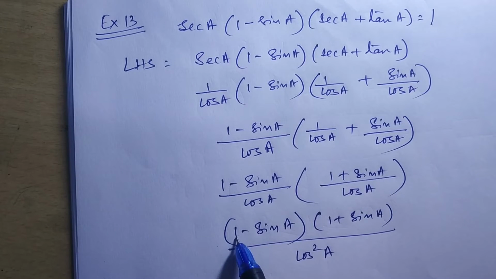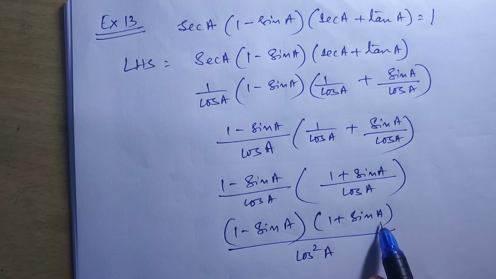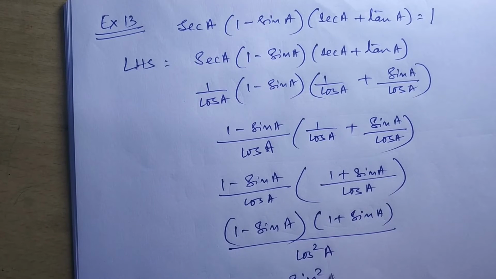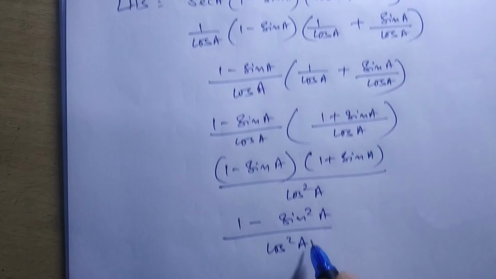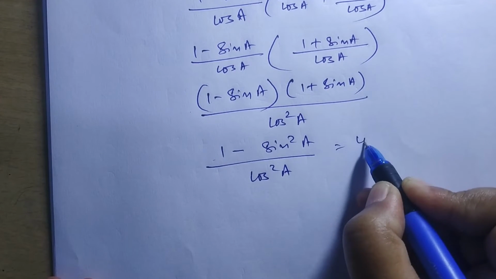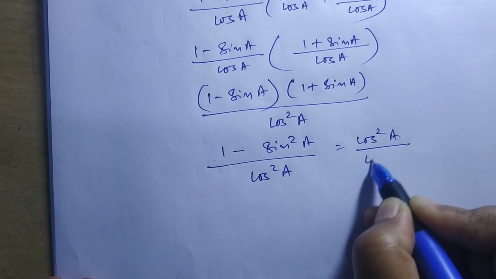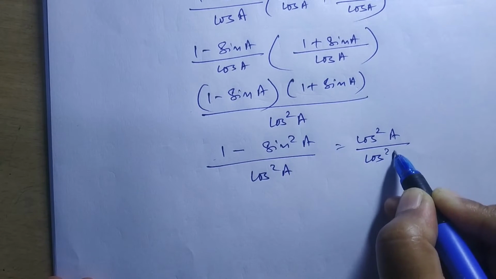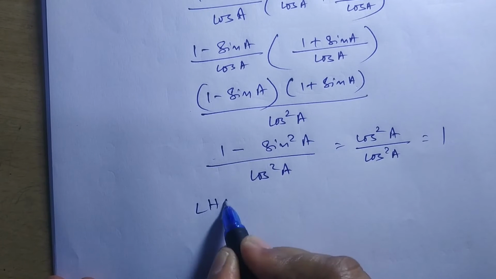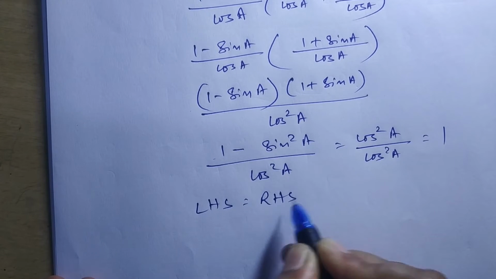So this is in the form of A plus B into A minus B, which can be written as A square minus B square. So A is 1: 1 minus sin square A by cos square A. What is 1 minus sin square A? 1 minus sin square A is cos square A, so cos square A by cos square A. So that is equal to 1. So proved. You'll write LHS is equal to RHS.